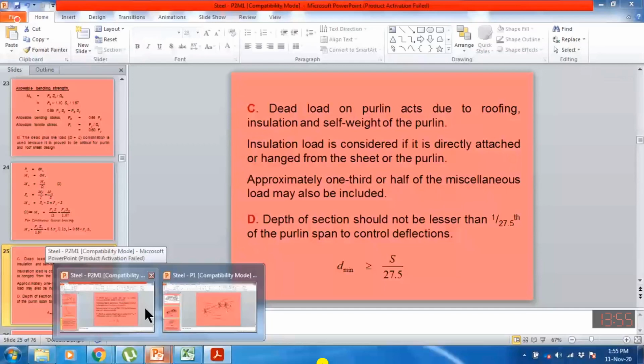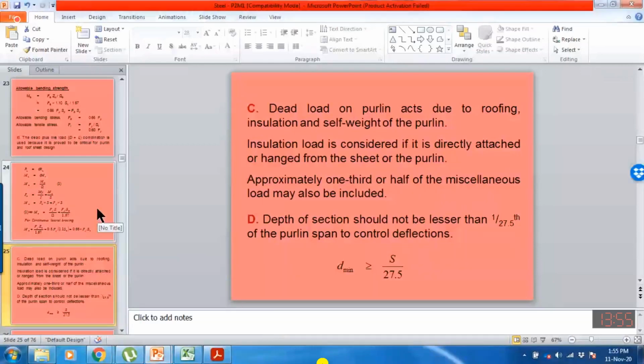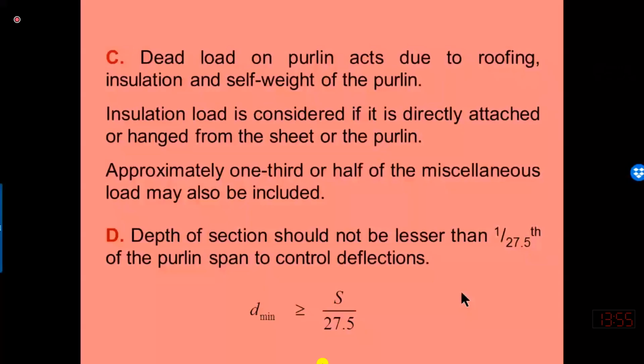Then approximately 1/3 or half of the miscellaneous load may also be included. In the panel load computation, we assume full miscellaneous load. So what is the miscellaneous load? Miscellaneous load means the load of the bolts, washers, and nuts that we are using to connect the roof sheeting with the purlin.